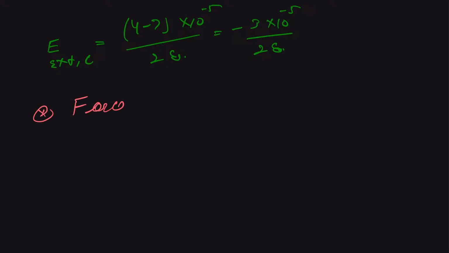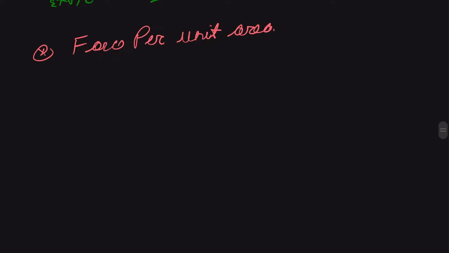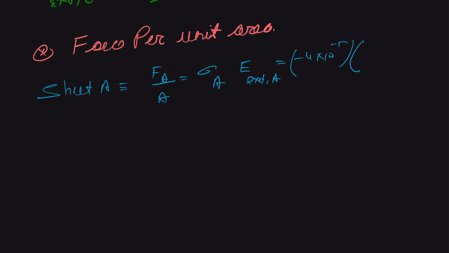Force per unit area. And our sheet A, which was our force on A per unit area, will be equal to charge density of A and external field on sheet A. This comes as minus 4 into 10 to the power minus 5, and this will be our 2 epsilon naught and 4 into 10 to the power minus 5.